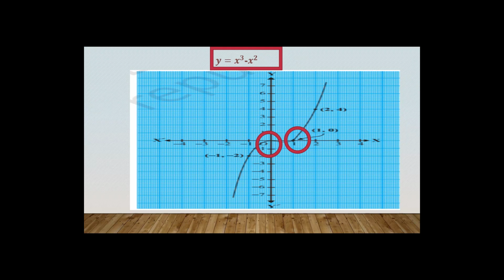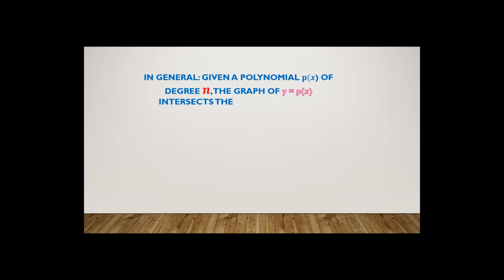It means it can have 3 zeros, 2 zeros, or 1 zero. In general, given a polynomial p of x of degree n, the graph of y is equal to p of x intersects the x-axis at most n points.